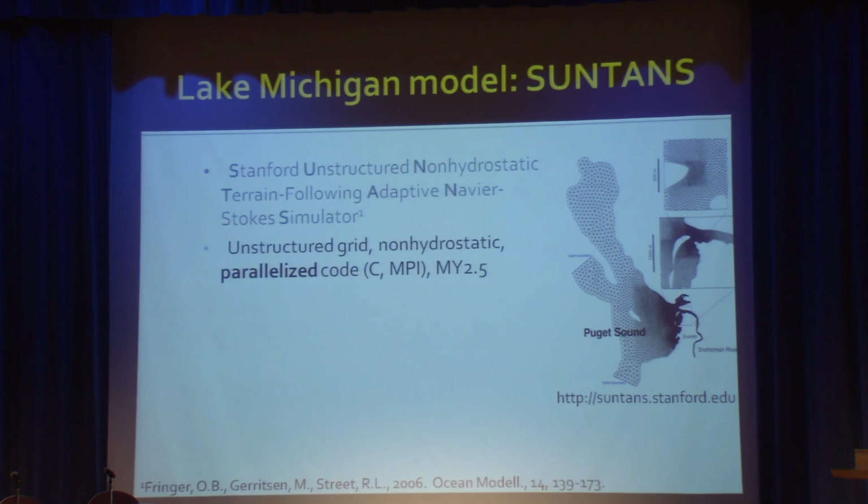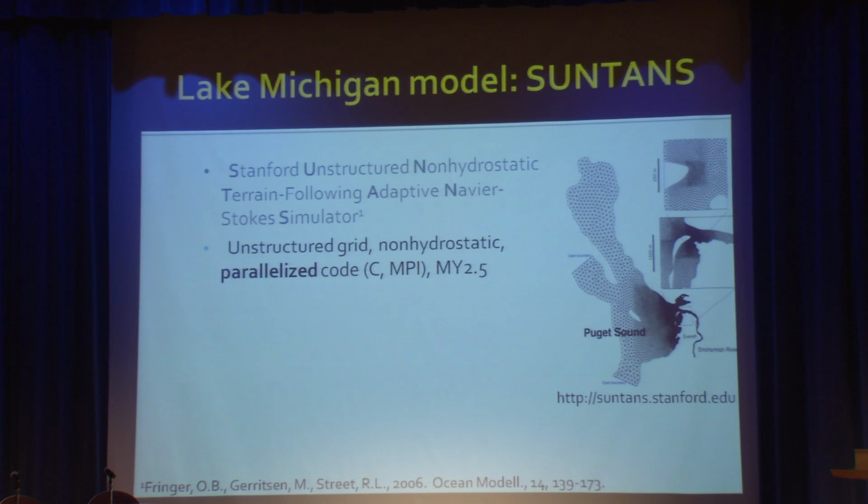Some of the attributes of the model as they relate to cyberinfrastructure are that the model is unstructured. What that means is that this is an example grid from Puget Sound, which is in Washington. We're looking from above. You see that you have computational elements in a whole range of sizes, from fine to very coarse as you move offshore.